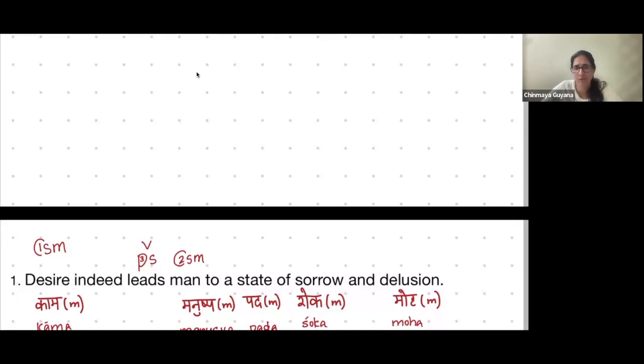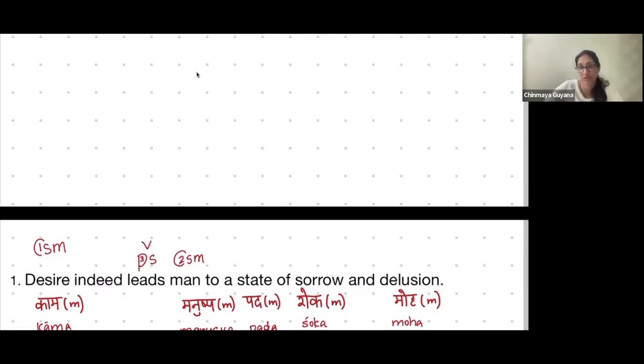If your English brain argued otherwise and you wrote plural, okay, fine, no problem. But it said man. It's a grammatical thing. If you put plural, it's not the end of the world, okay? It should be consistent with your answer then. Okay, next. What are our other nouns in this sentence? State, sorrow, delusion.